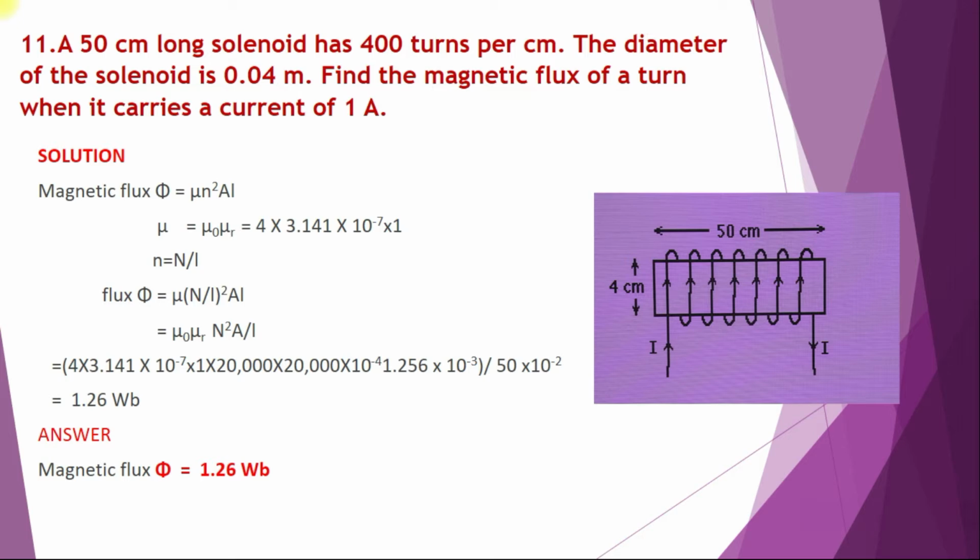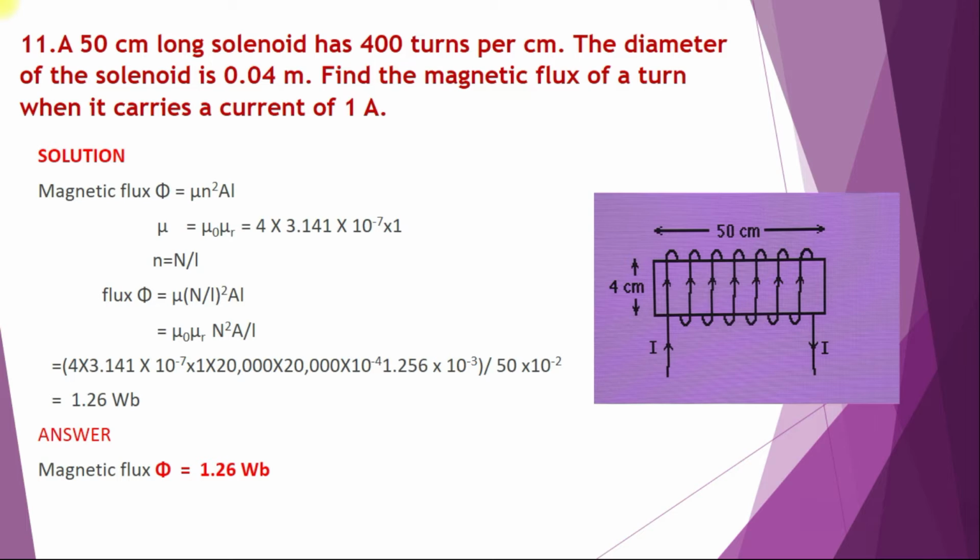So substituting these values in the flux equation, we get flux is equal to mu into N divided by L the whole squared into A l. So L gets cancelled. So we get the equation as mu naught into mu r N squared A divided by L. Now substitute the values from the given data.